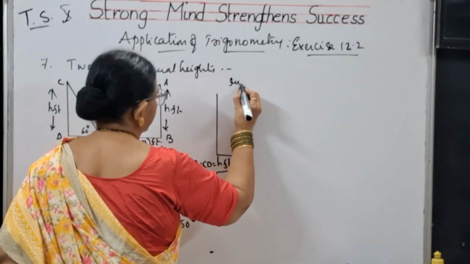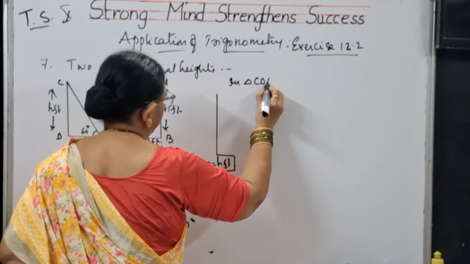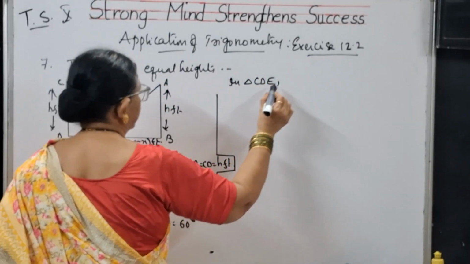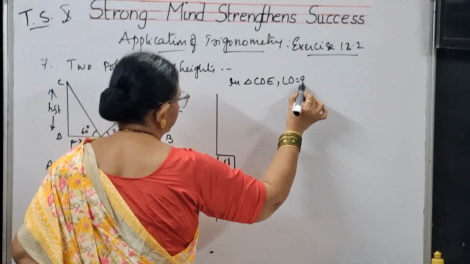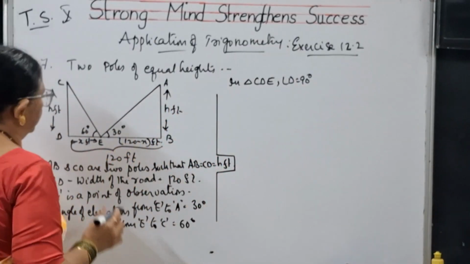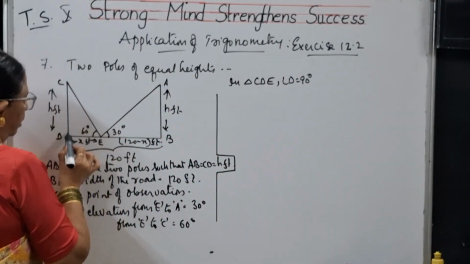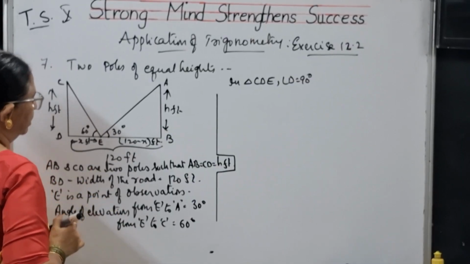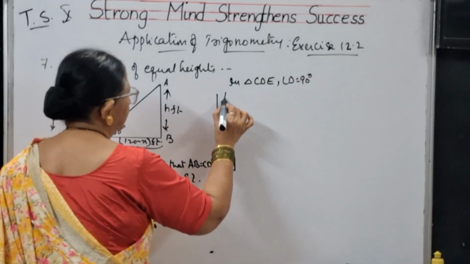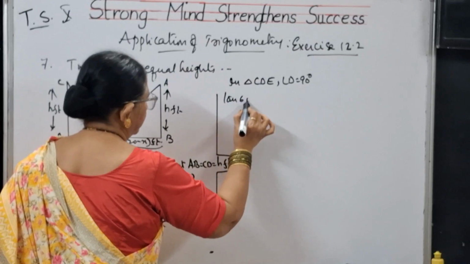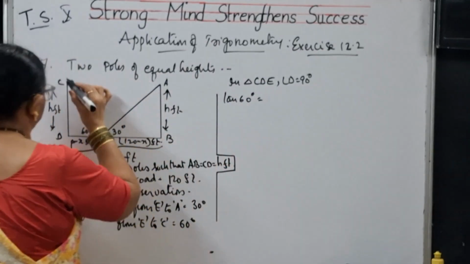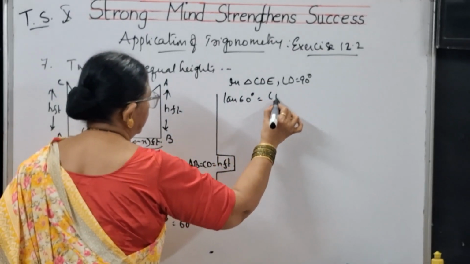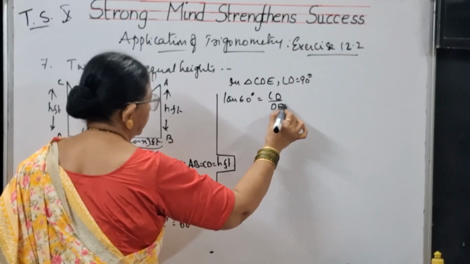In triangle CDE, angle D is equal to 90 degrees. So for the opposite side and adjacent side, that is tan theta, tan 60 degrees is equal to CD by DE.